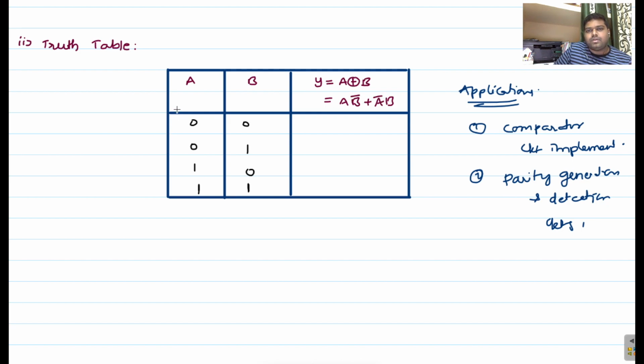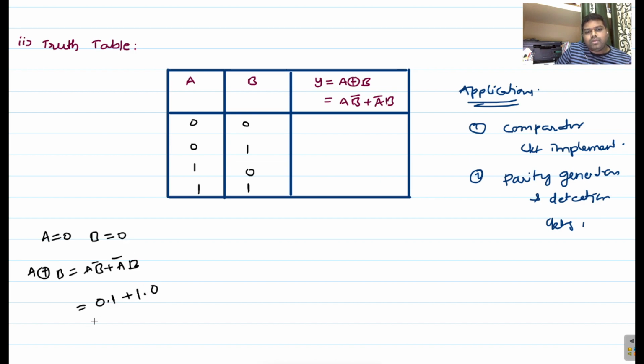Take the first one. Here a is equal to 0 and b is equal to 0, and our logic is a XOR b equals a b bar plus a bar b. Now substitute these values here. a is 0 and b is 0, but here we want b bar, which is 1. So 0 into 1 plus a bar, where a equals 0, a bar means 1, and b is 0.